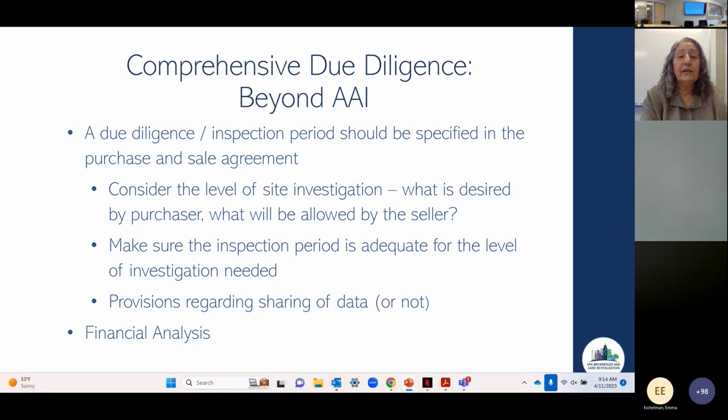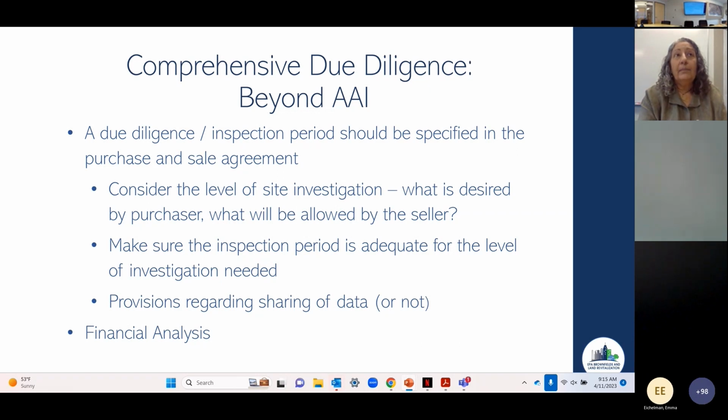It is difficult enough buying a contaminated piece of property. Buying it without being able to ascertain the level of nature and extent of contamination means you can't adequately budget for cleanup, and you can't underwrite environmental insurance, at least not insurance that's going to be worth the paper it's written on.